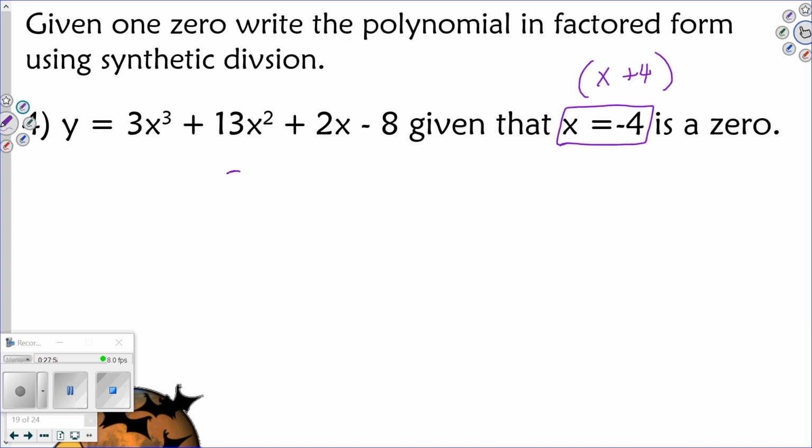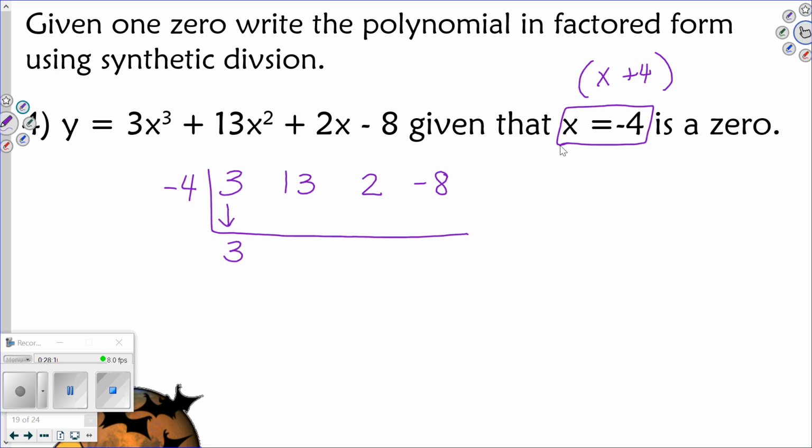So 3, 13, 2, -8. So I'm dividing by -4. They actually gave that part to me. Okay, so let's go through to your synthetic. Synthetic's fun.